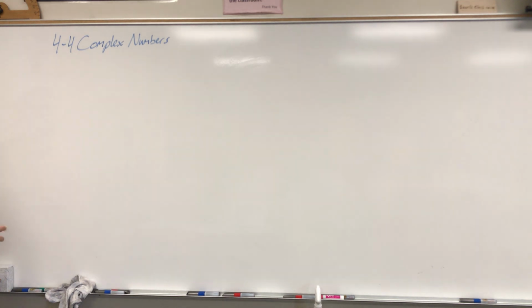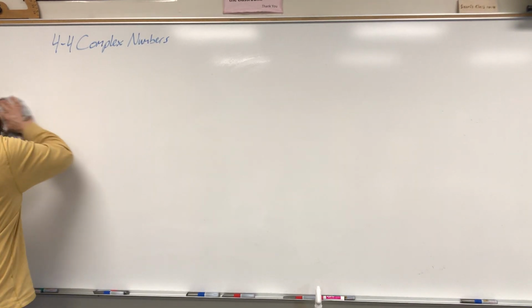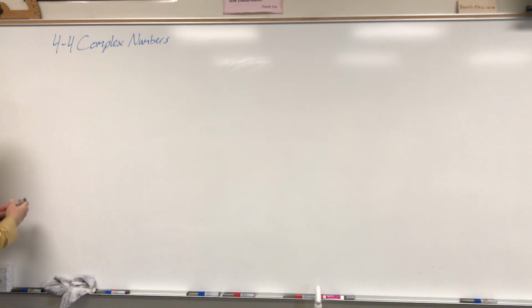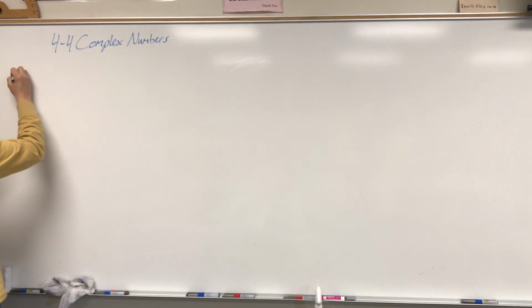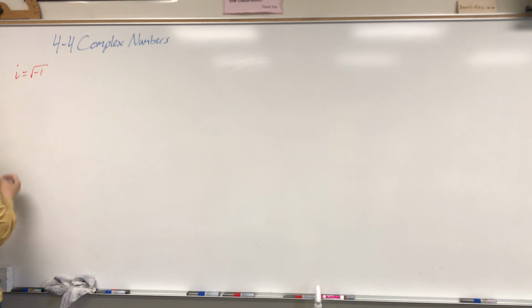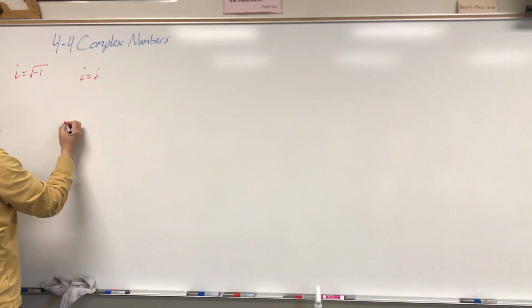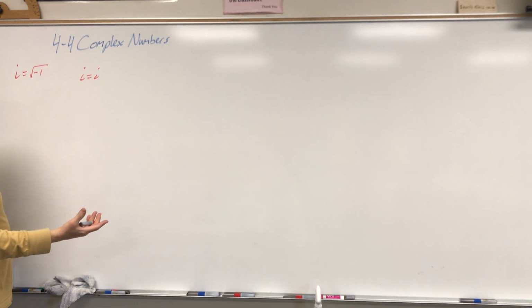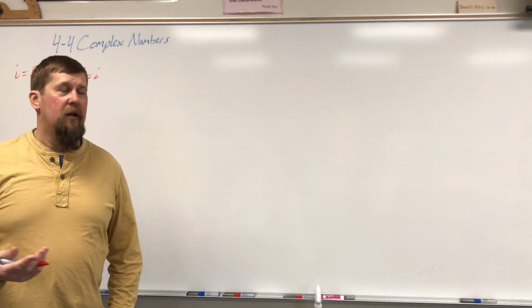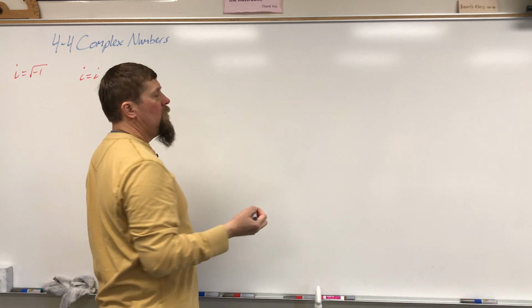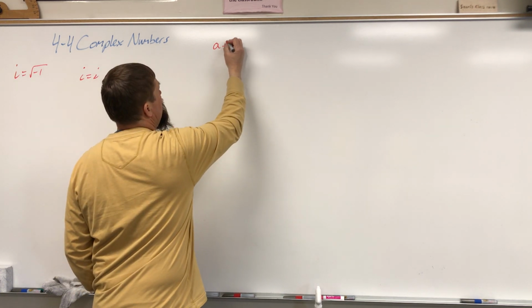Now, with this said, we already know that i is i, okay? i is the square root of -1. Now, every number, remember, can be written in the form a + bi.